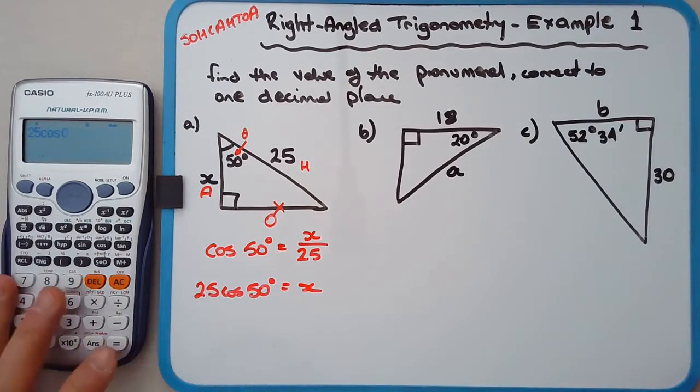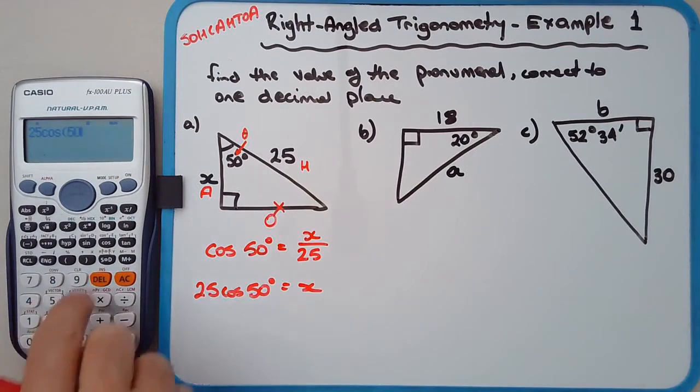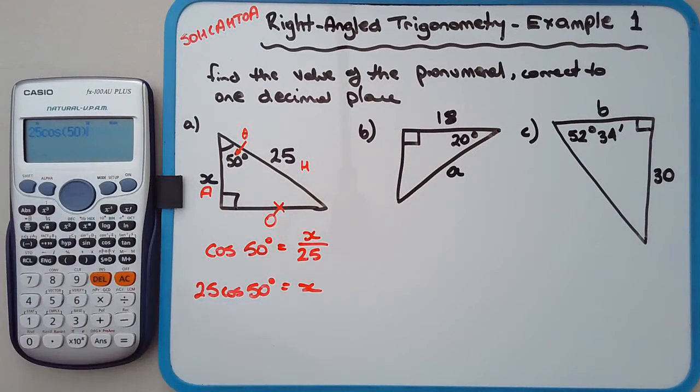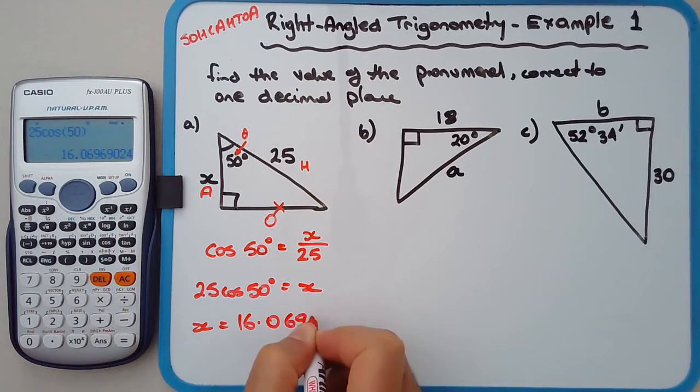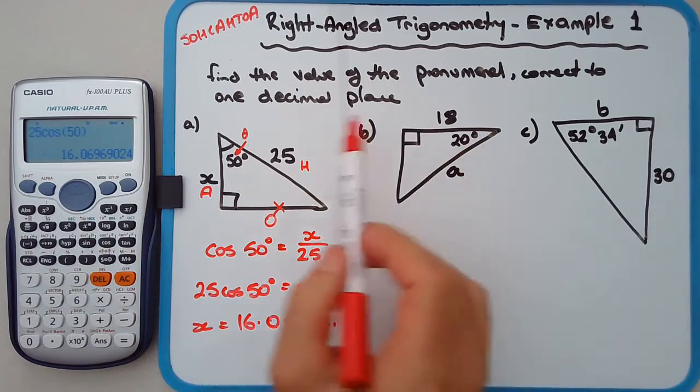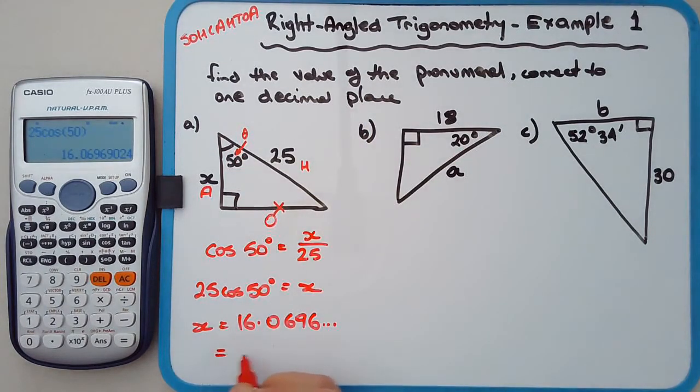So 25 cos of 50, you don't have to put the degree symbol there, it's assumed it's degrees, is equal to 16.0696. But we want it to one decimal place, so that's going to be 16.1. I didn't put units like centimeters or meters. Just express the answer in the correct units.